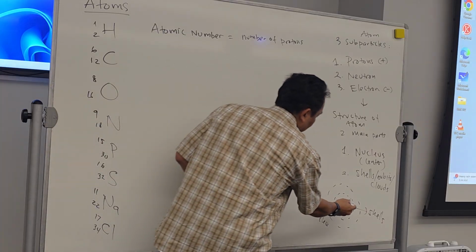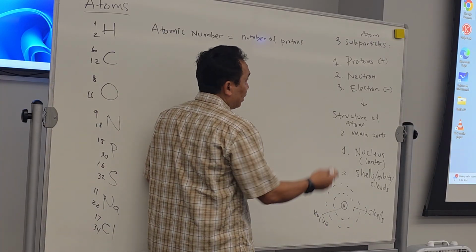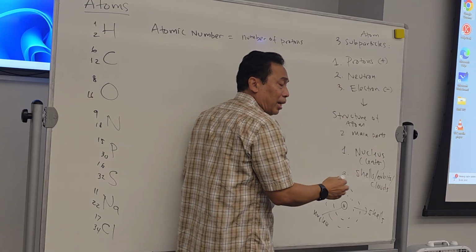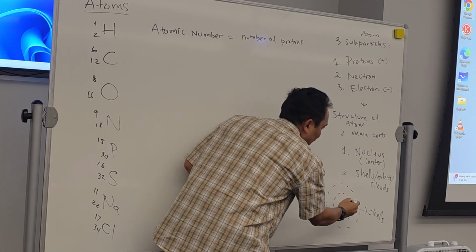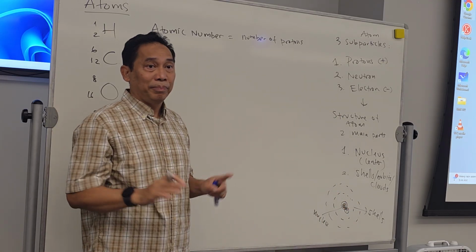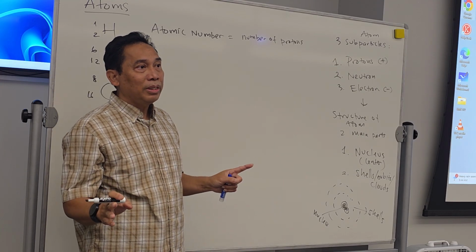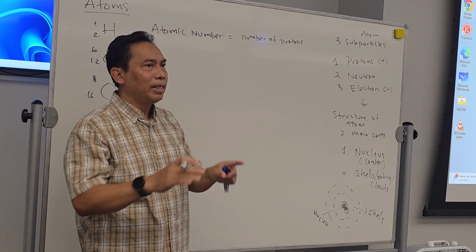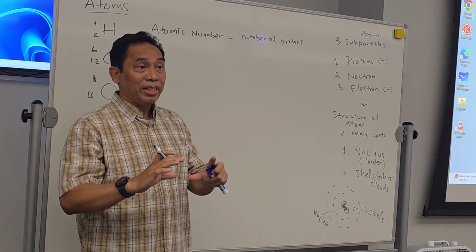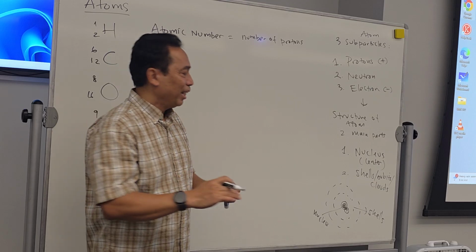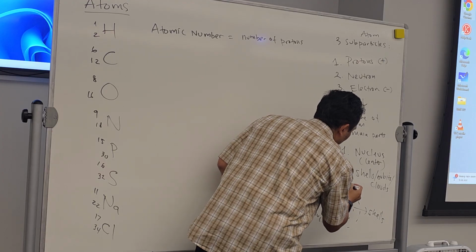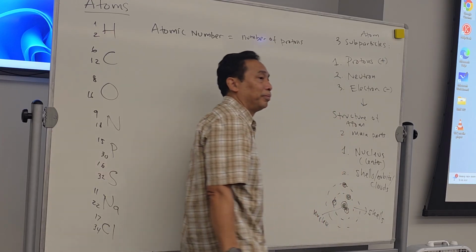Okay, now this nucleus over here. You see the 3 subparticles over here? Protons and neutrons are located in the nucleus. So you're going to have proton and neutron over here. Can you follow that? So protons and neutrons are located in the nucleus of atoms. Get it? Where are the electrons going to be? Electrons are going to be here on the shell. Okay?